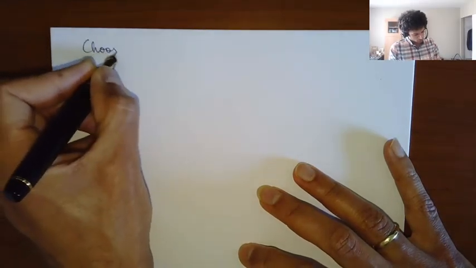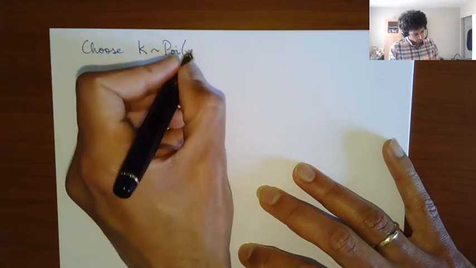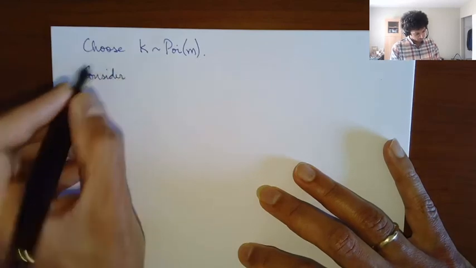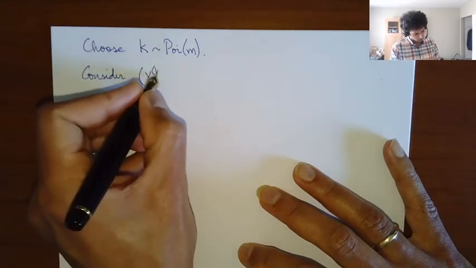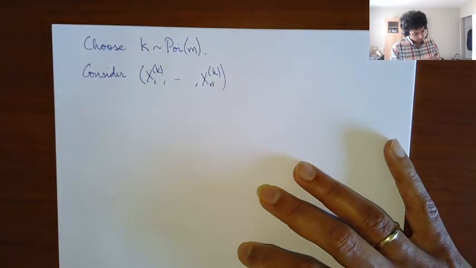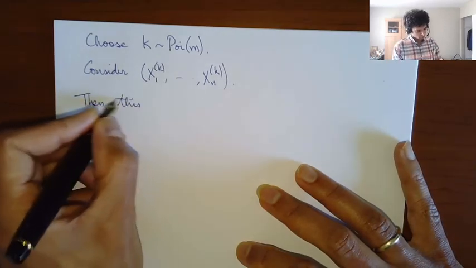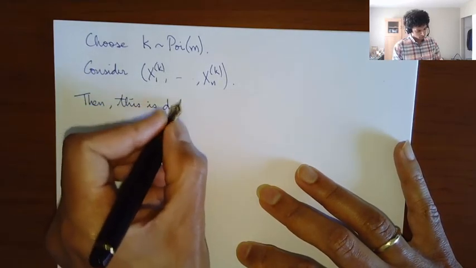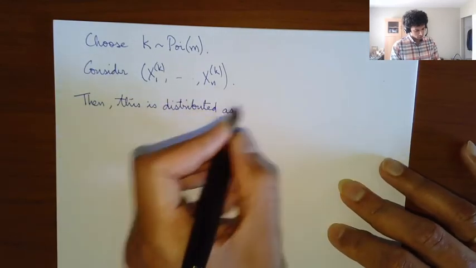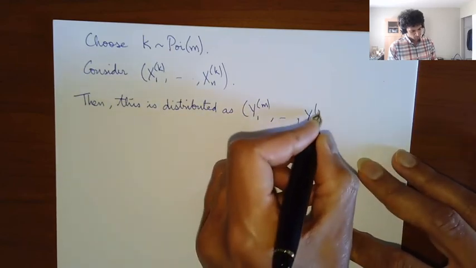Choose k from a Poisson of m. Consider X1 of k up to Xn of k. Then this is distributed as Y1 of m to Yn of m.